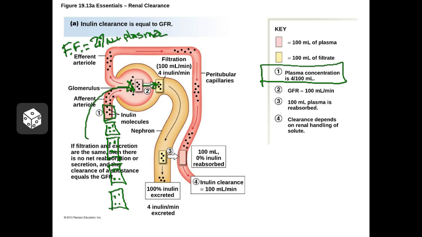The rest will go chugging along into the efferent arteriole and the peritubular capillaries. Based on that, you can see that 100 milliliters of filtrate has 4 molecules of inulin, and that happens per minute.